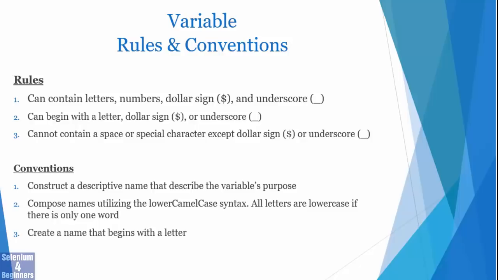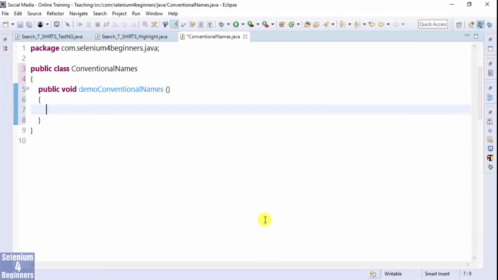Let's go back to Eclipse. We will write the data type, then the variable name. In this case, our data type will be int, and variable name will be number of years. The goal is for variable name to be descriptive so our teammates can understand.